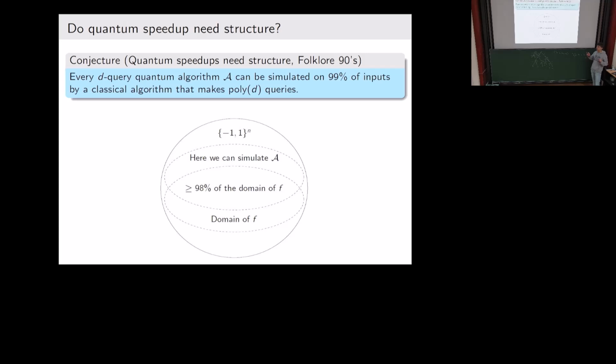If we believe this conjecture, whatever a quantum algorithm does can be simulated on a big chunk of the Boolean cube, also 99%, and the intersection of two sets that are 99% of the measure of the whole Boolean cube is going to be very big, 98%. So if the domain is very big and we believe this conjecture, then we can simulate with a classical algorithm, with only polynomially many queries, whatever a quantum algorithm does to compute this function.